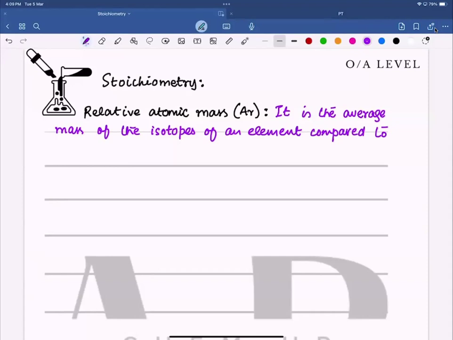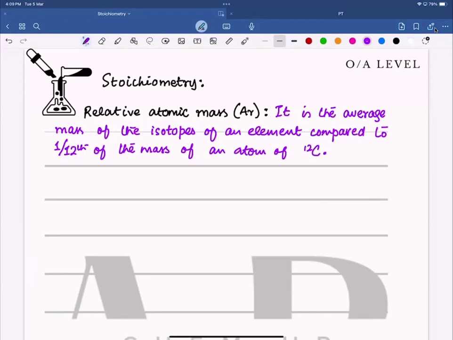So if the elements have isotopes, we take their average mass and then we compare it to the 1/12th of the mass of an atom of carbon 12. That is called relative atomic mass.